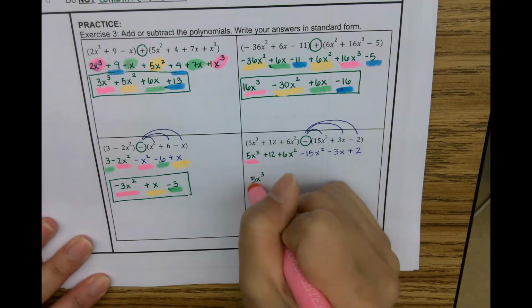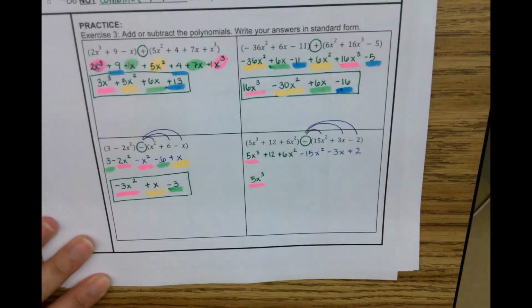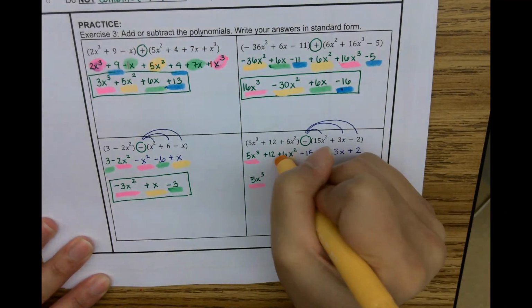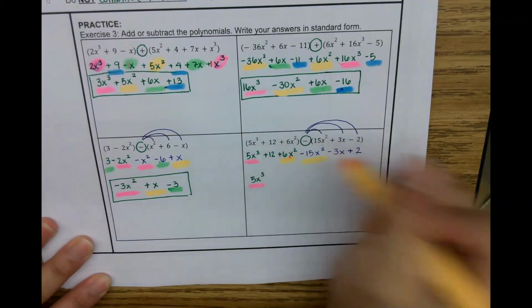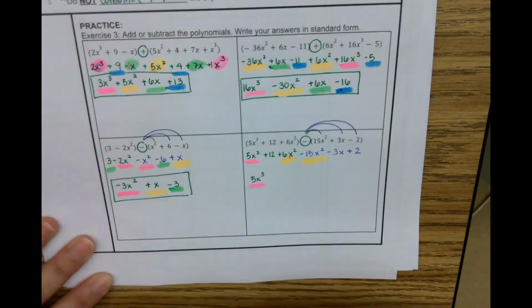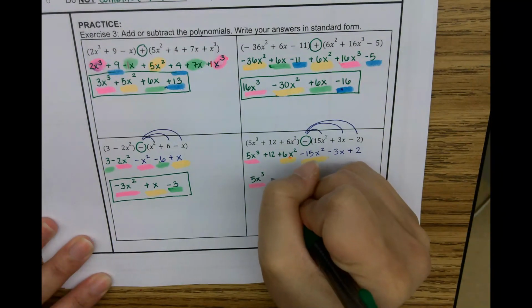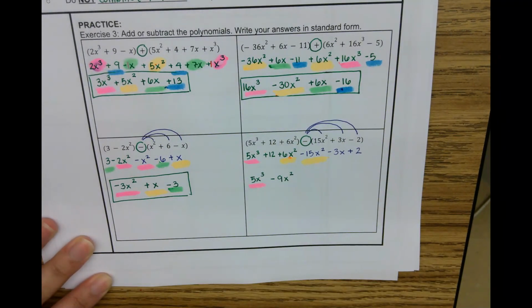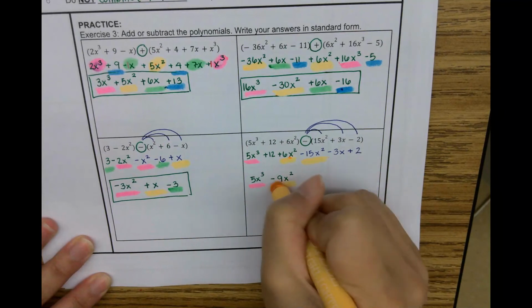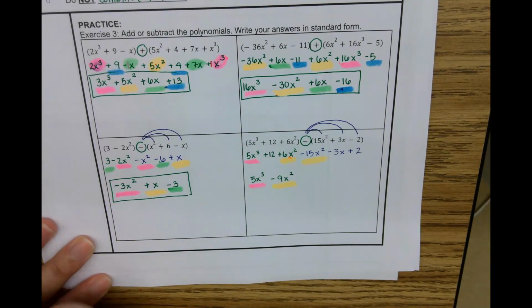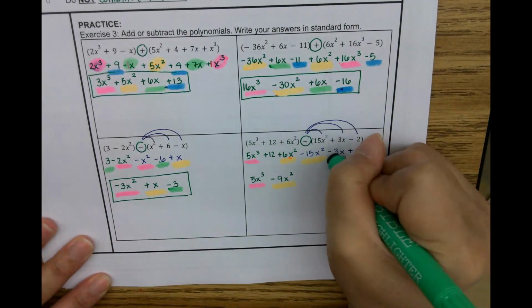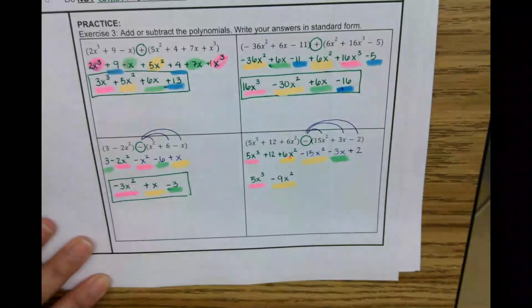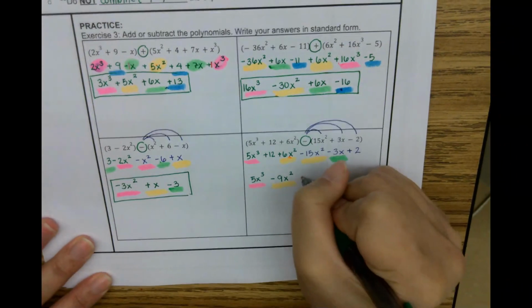Then I'm going to do x squared. So here I have 6x squared and negative 15x squared. 6x squared minus 15x squared is negative 9x squared. Then I'm going to do x to the power of 1. This is my only one where it's x to the power of 1, so negative 3x.